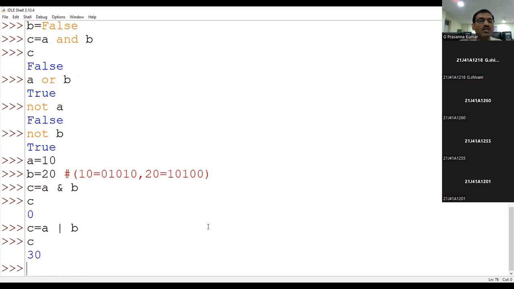C equals 30, because if you add 10 plus 20, it is 30. OR is a bit-by-bit operator; it operates bitwise. Okay, that is over the bitwise operators.